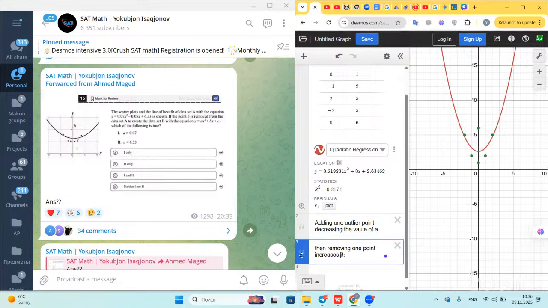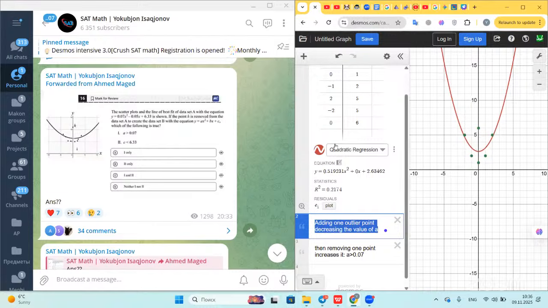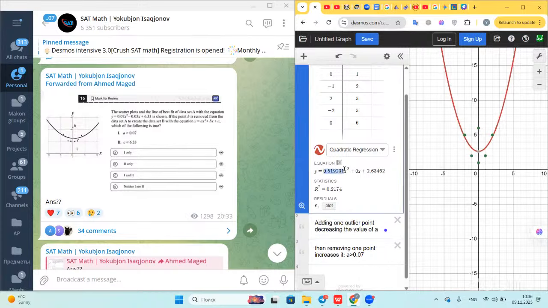And removing one point increases it. It means a was 0.07, you can see here, and after removing this point, it definitely increases. So the new a becomes greater than this number. One more time, from the experiment, we showed that it was 1, and after adding some outlier, it decreased.